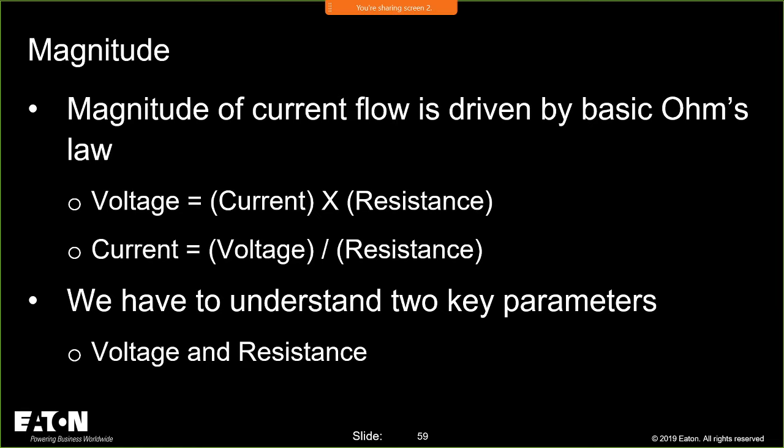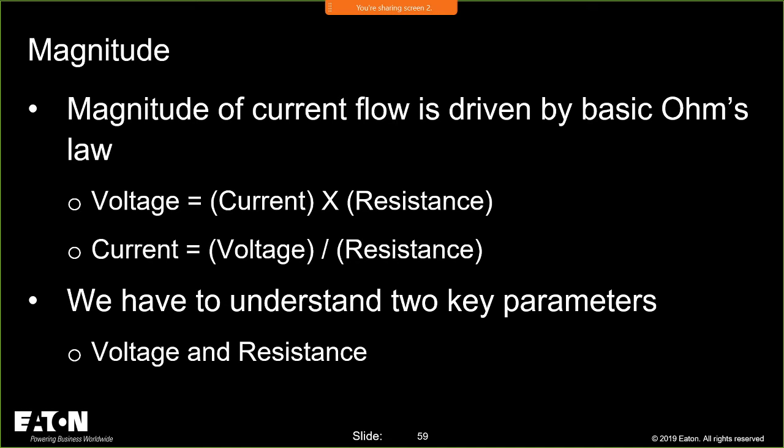Now, the magnitude. The amount of current that flows through the body is dependent upon the circuit. We talked about this on Monday with short circuit currents, the impedance, and Ohm's law and all that good stuff. It's important that we understand the magnitude of current that flows through your body is dependent upon the resistance of the circuit.